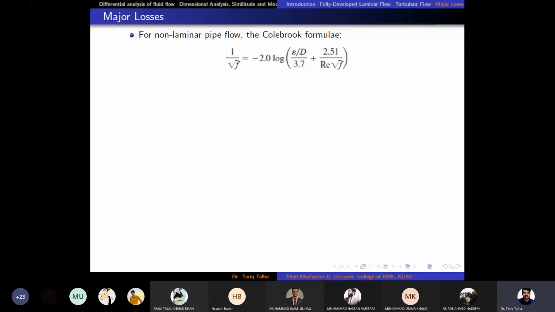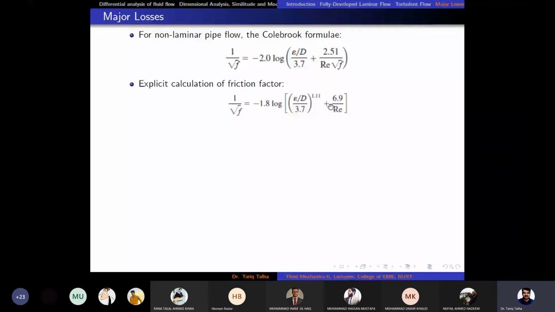If you don't have that, then there is an explicit calculation of the friction factor, where the friction factor appears only on the left hand side, and on the right hand side we have only epsilon upon d, the relative roughness, and the Reynolds number.